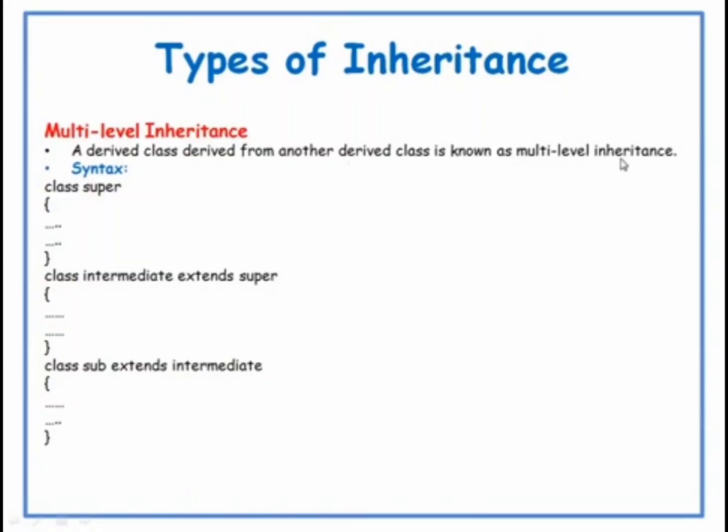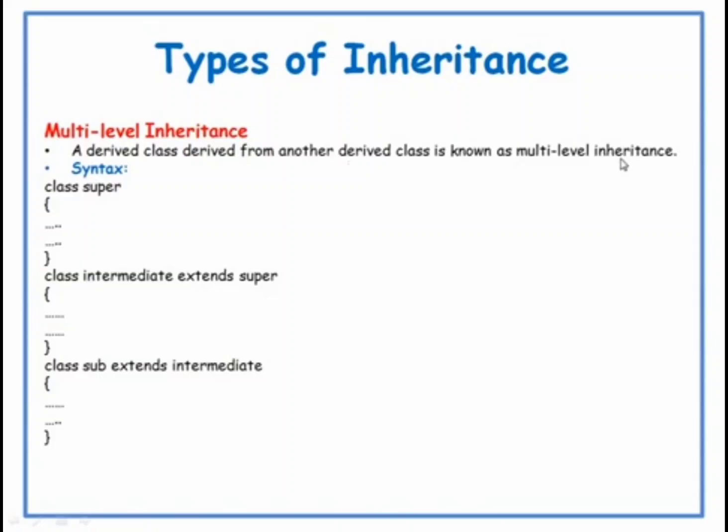Next one, multi-level inheritance. A derived class derived from another derived class is known as multi-level inheritance. The syntax for multi-level inheritance: class Super, class Intermediate extends Super, class Sub extends Intermediate.